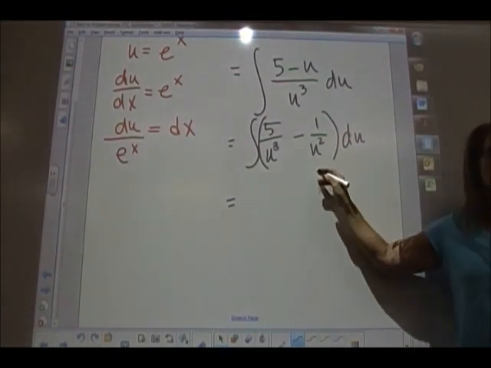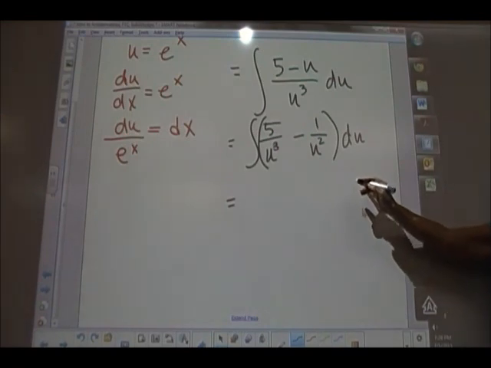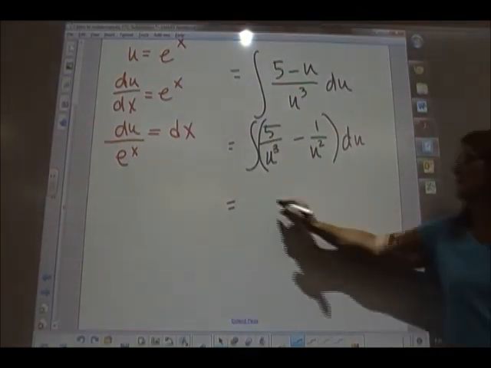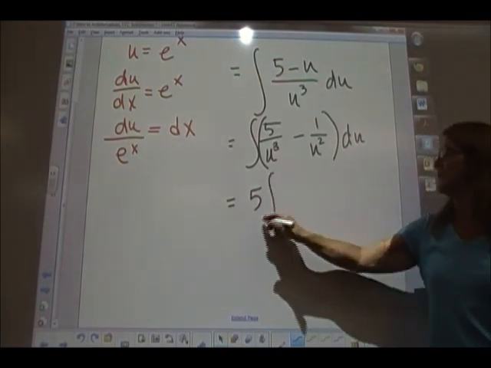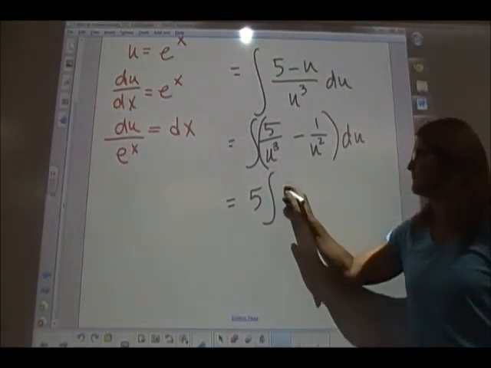Hey, are we getting there? Right, let's keep it churning. So can we pull that 5 out front yet? Sure. Why can't you do that now?